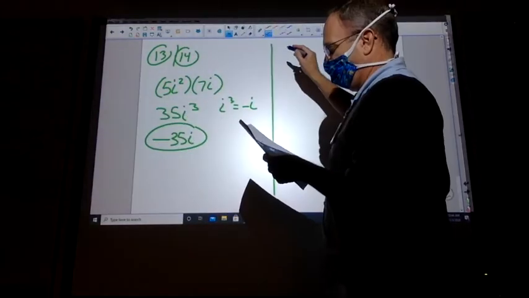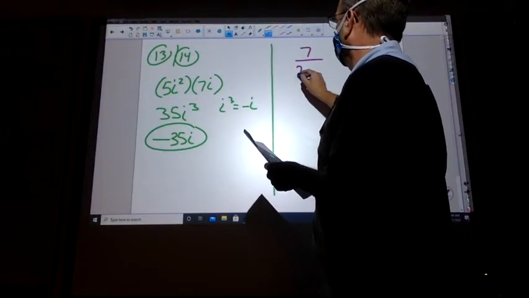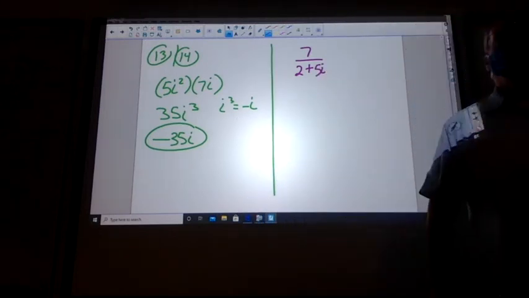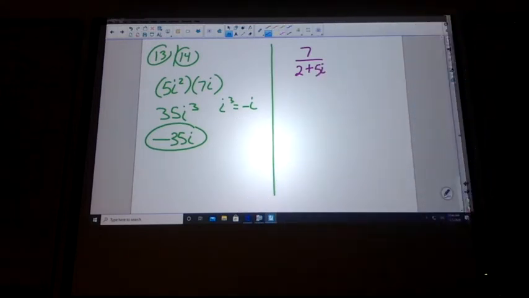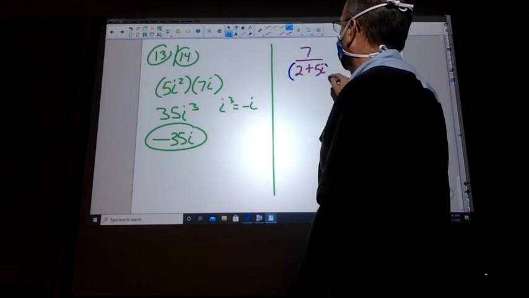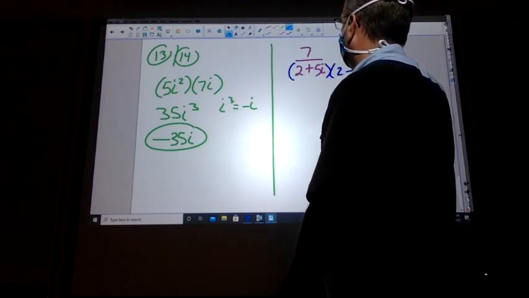You also might see this kind of problem. How can I work that problem? What do I have to multiply top and bottom by? Conjugate. What's the conjugate of 2 plus 5i? 2 minus 5i?